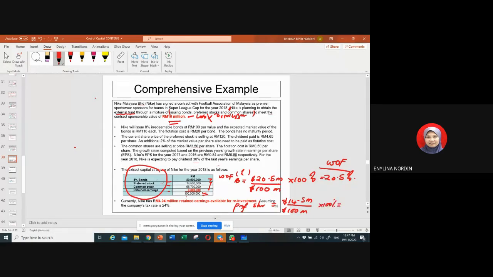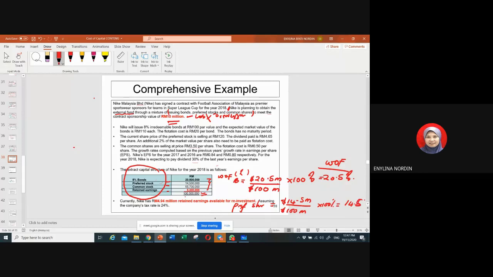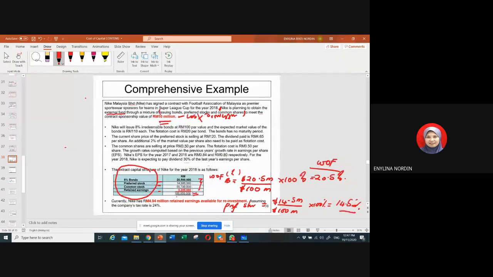So that means 14.5%. Okay, so this is the weightage or the percentage of financing. Right? So out of 100 million, 14.5% is contributed by the preferred stock.